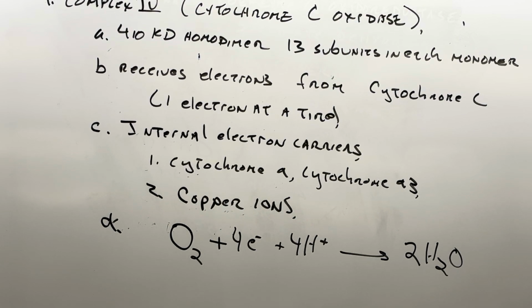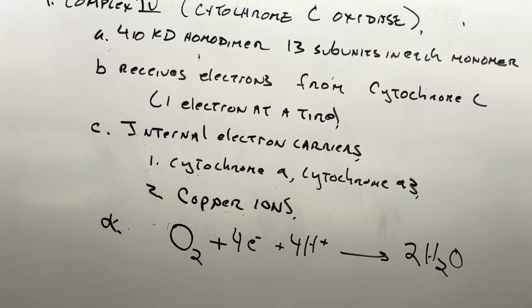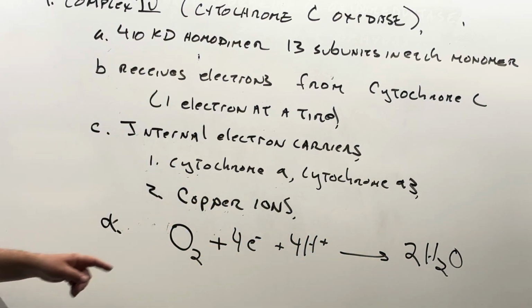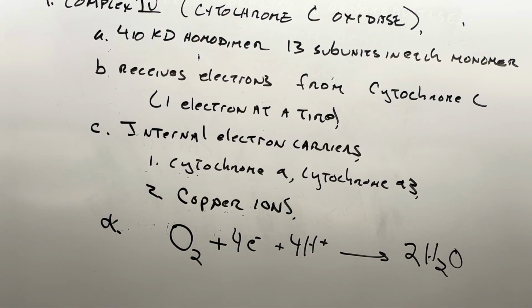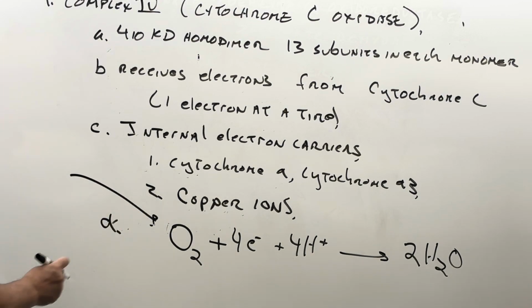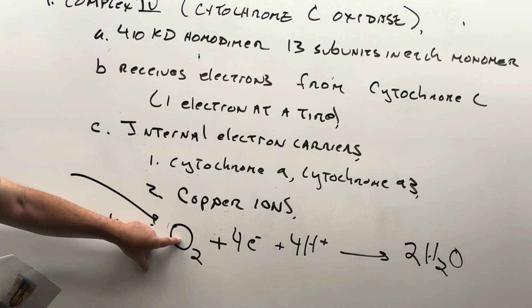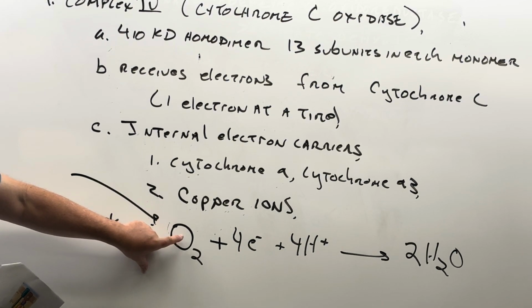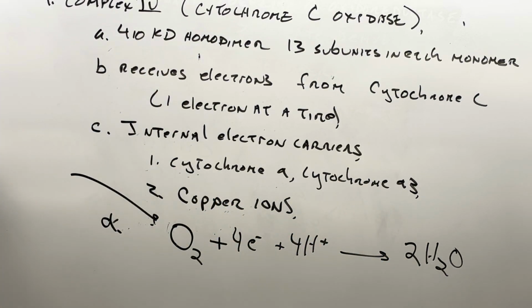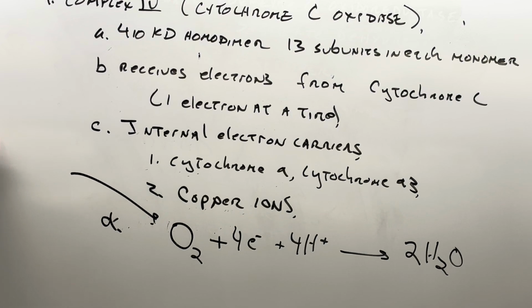When I did the overview over there, I was following the path of 2 electrons from NADH. So it's actually going to take 2 NADH molecules to drive this full reaction. This oxygen here is where the electrons from NADH or from succinate end up landing. They end up landing on this oxygen to make water. So this is the terminal electron acceptor.